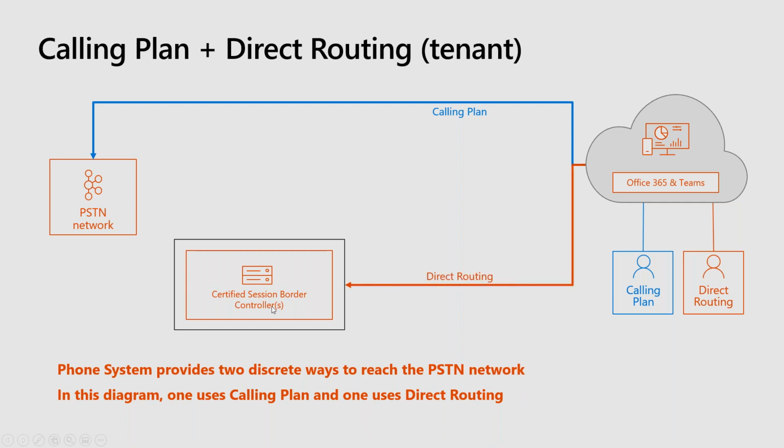But then maybe to connect to a PBX phone, we have to go to the session border controller because that one is going to connect to the legacy PBX. But the interesting part here is that you can combine those two options, calling plans and direct routing, for the same user.